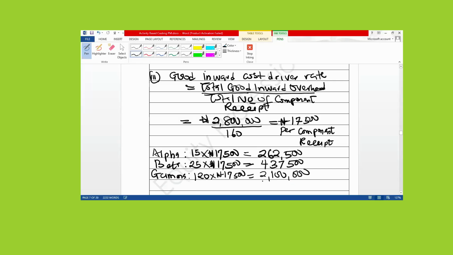Now sum up the three. You must have 2.8 million. Yes, 2.8 million, correct. Why I like this topic is that if you are correct, we know. As you are solving, there's a way to check.